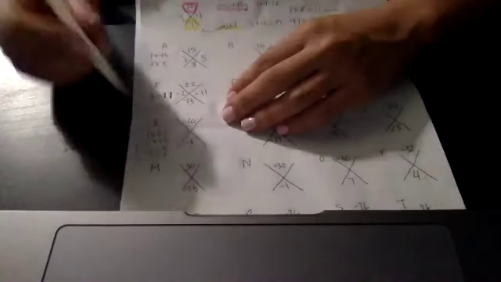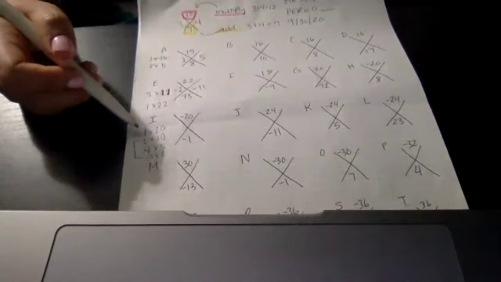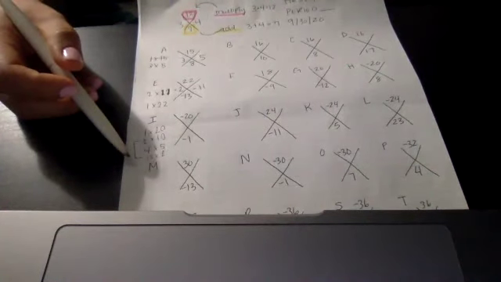Which one of these, if I add them, would give me negative 1? Well, none of them, everything's going to make it bigger. So what about if we subtract them? Which one gives us 1?